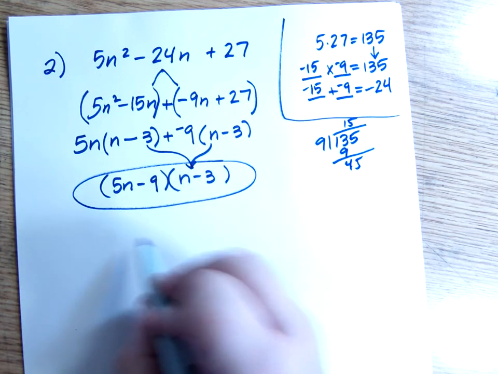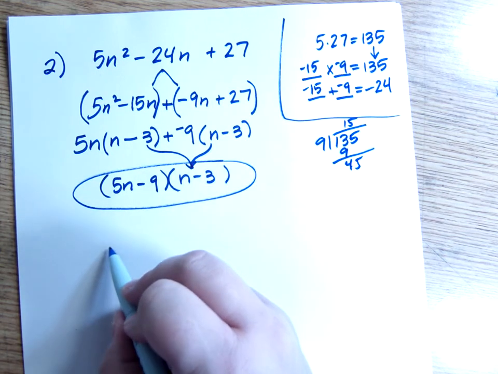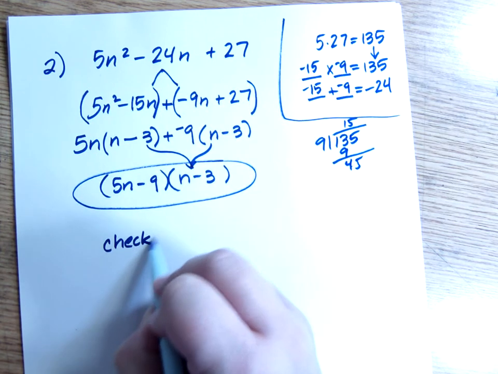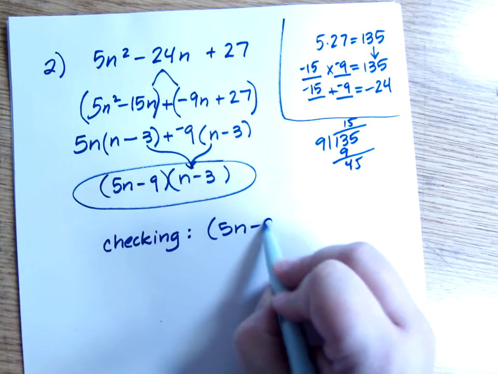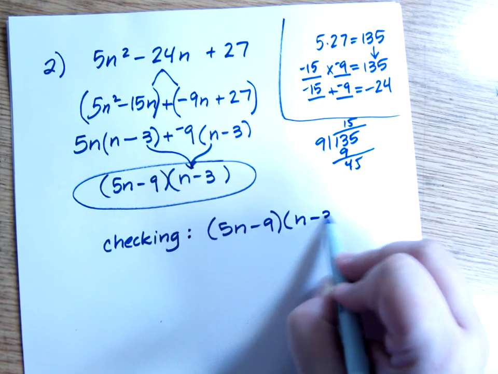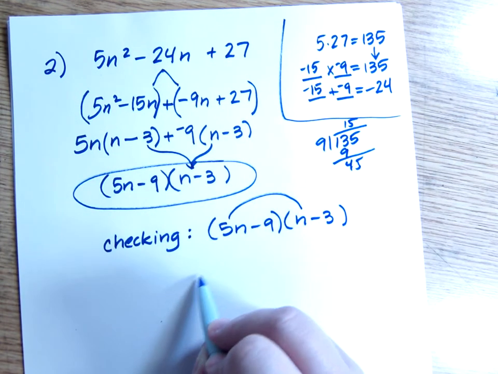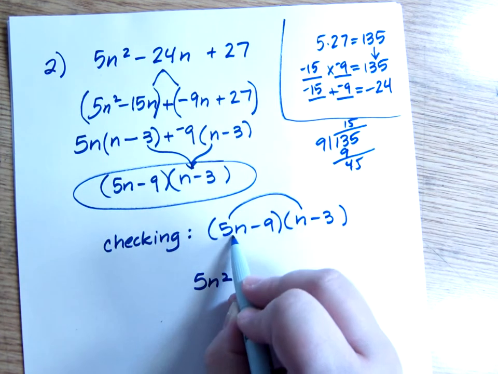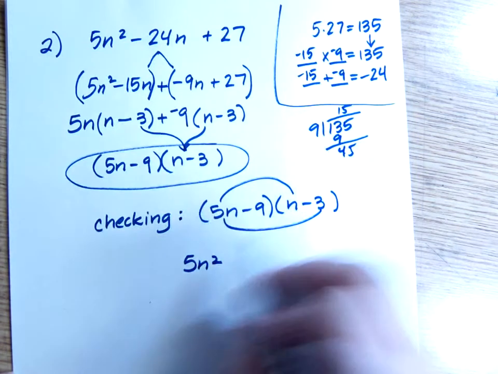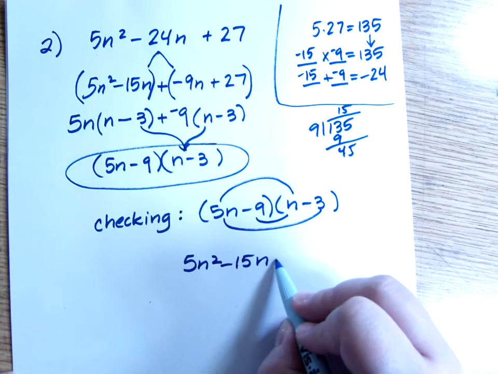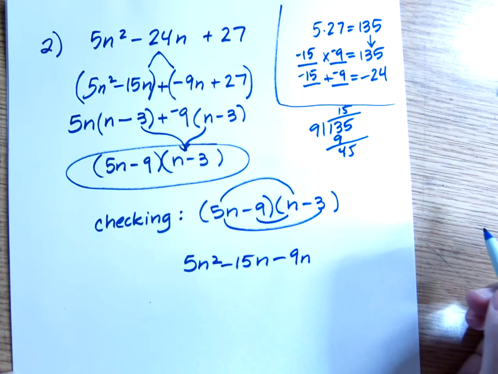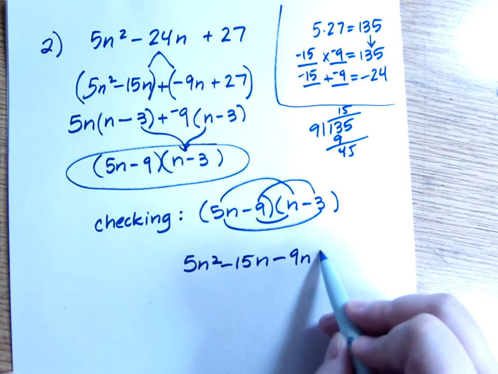If I want to check my answer, what do I do? FOIL. Or distributive property, you can call it. But however you like to multiply your binomials, that's what you're doing to check your answer. 5n times n is 5n squared. 5n times negative 3 is negative 15n. Negative 9 times n. And negative 9 times negative 3.